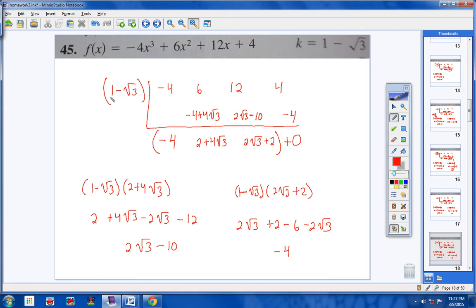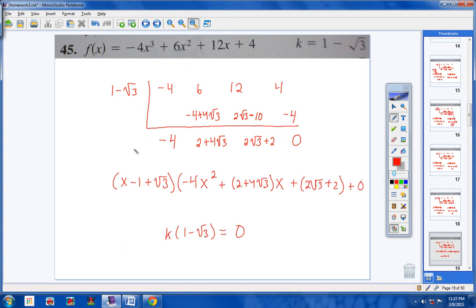So the 1's going to become negative and the square root of 3 is going to be positive like this. Let me show you. Just like if this whole thing was negative 2, you would put x plus 2. Would you not? Sure you would. Same thing. Instead of having negative 2, we have 1 minus square root of 3. So x, the 1 becomes negative, the square root of 3 becomes positive, and then negative 4.